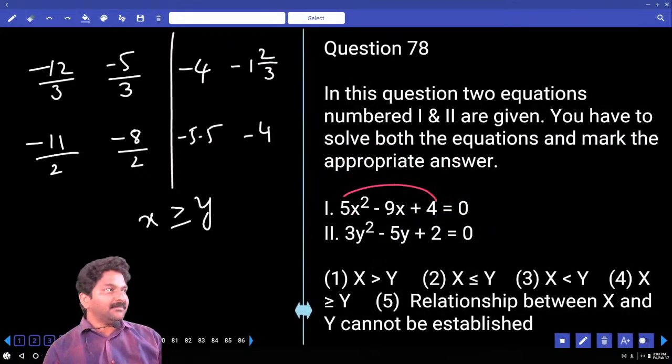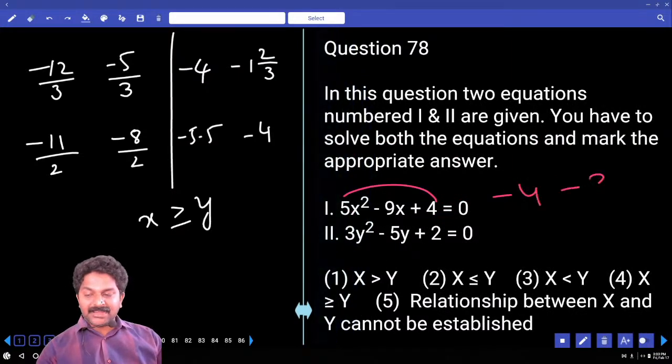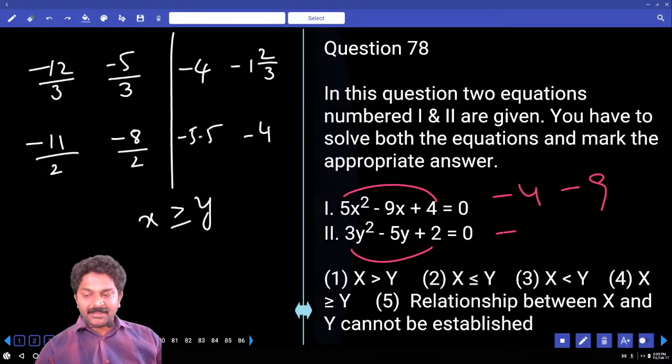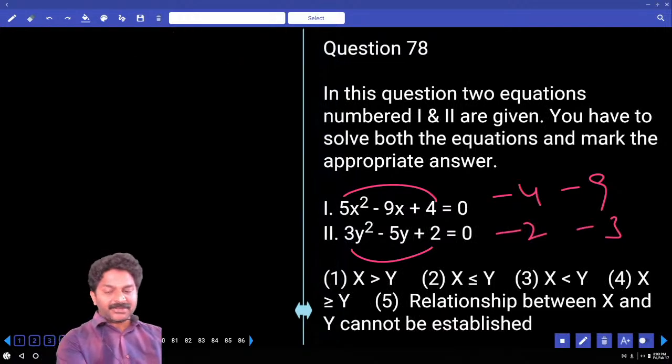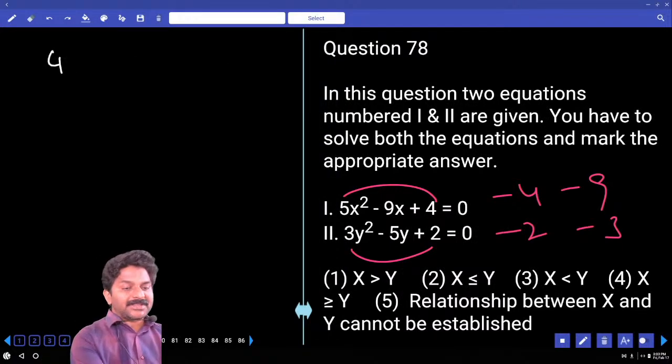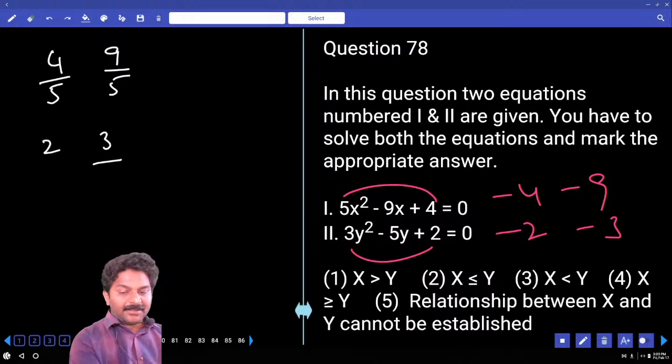Five and 4, 9. Minus 4, minus 9 is the combination. 3 comma 2, minus 5 should be there. Minus 2, minus 3, that's the combination. Correct? Factors are plus 4, plus 9, divided by 5. Minus 2 is the combination. Factors are plus 2, plus 3, divided by 3.